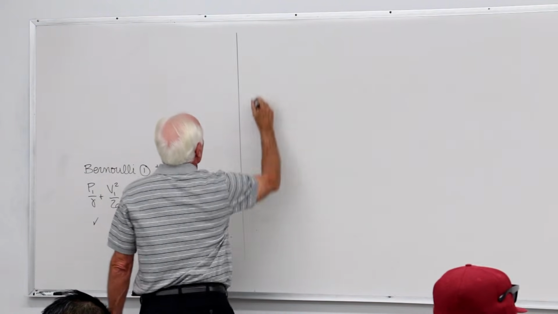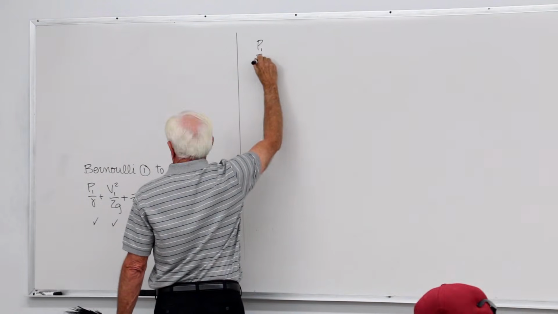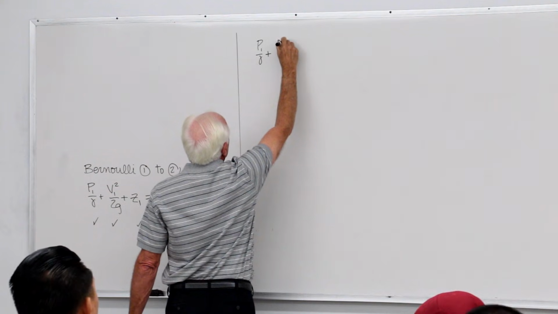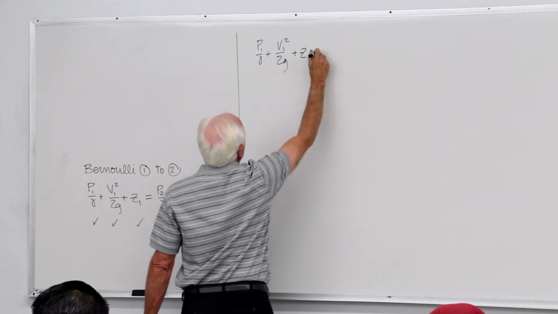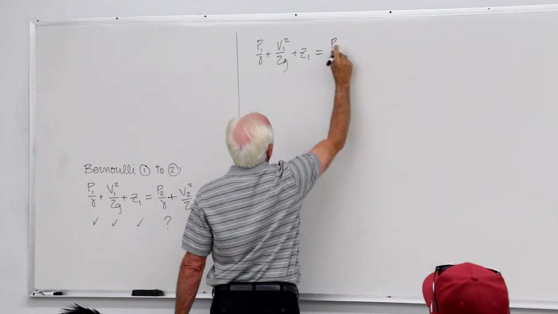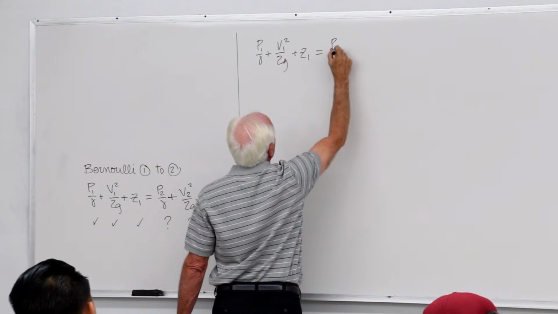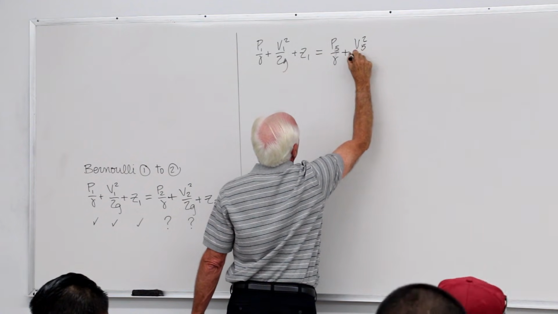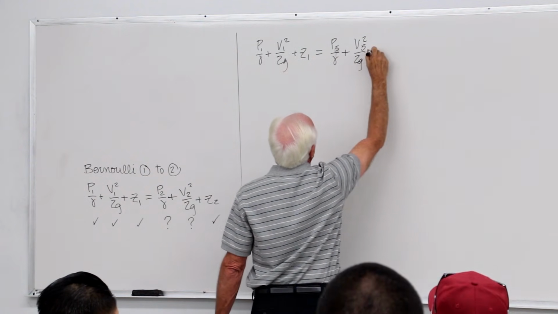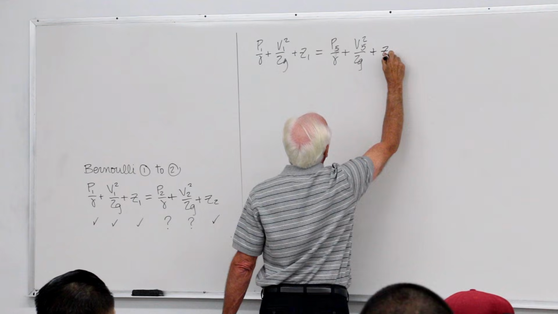Okay, so P1 over gamma, V1 squared over 2G, Z1 equals P5 over gamma, V5 squared over 2G plus Z5.